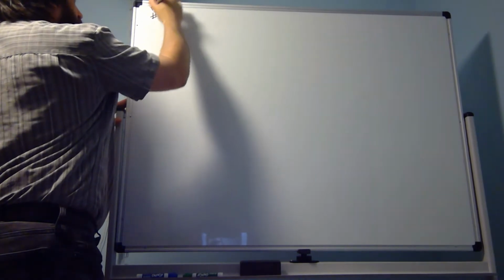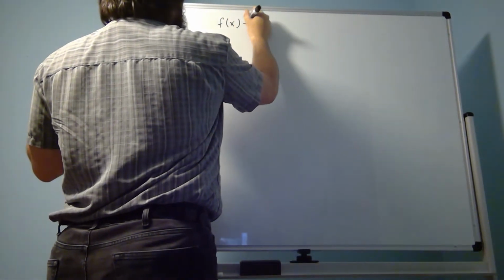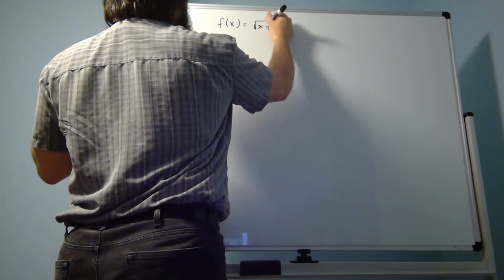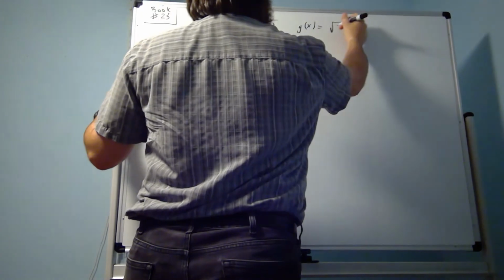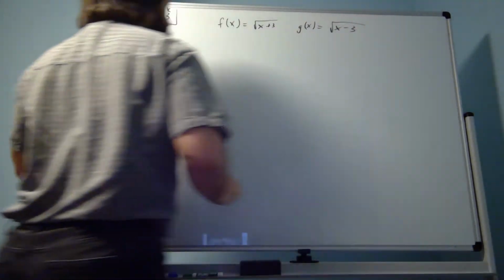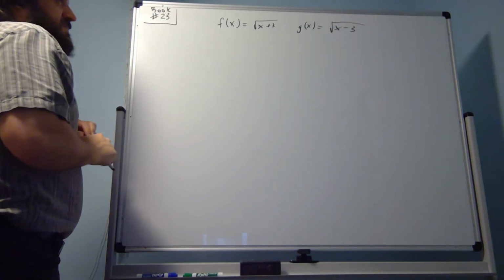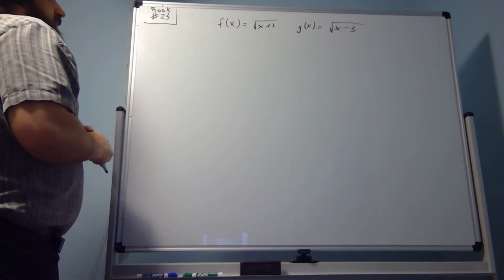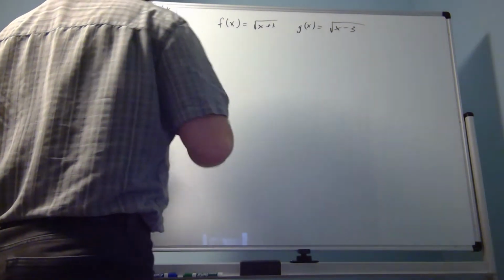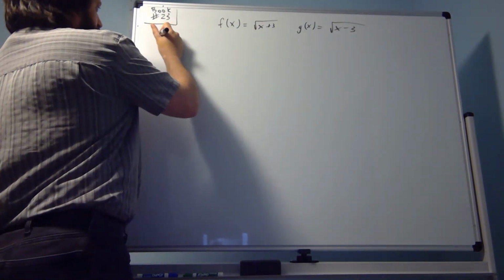So book number 23, I think it was f of x equals square root of x plus 3, g of x equals square root of x minus 3. Let's take plus, minus, times, divided by. I forget exactly which ones I did, so let's do everything I can possibly think of here.